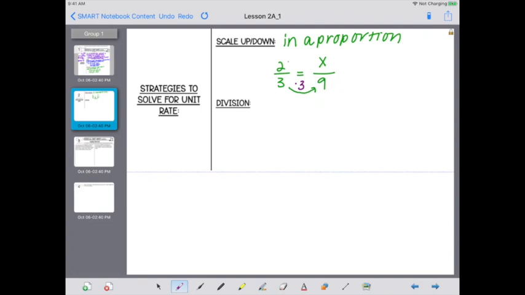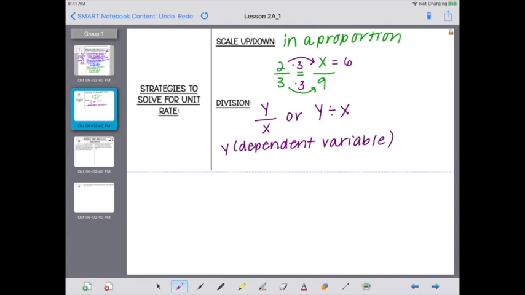So that means to get from 2 to whatever's in the numerator for 9, we're going to multiply by 3. So x is going to equal 6. We can use division and say y is divided by x. Y is your dependent variable. So what is going to change based on the independent variable?